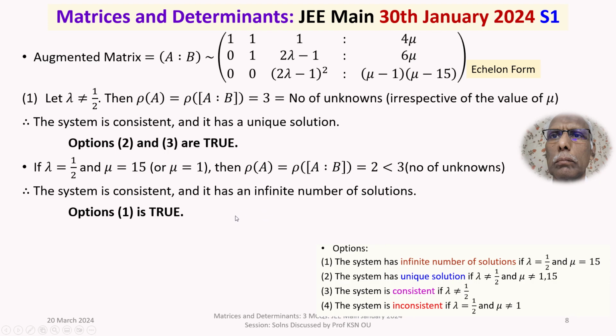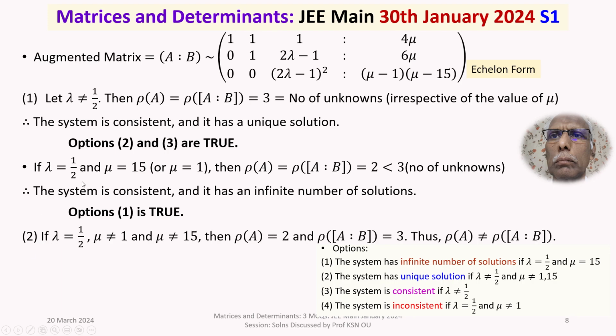Now let's move to the next option. That is the second case. If lambda is equal to 1 by 2, the rank of A is 2. Mu is not equal to 1 and mu is not equal to 15. That means this position is not 0, and this is 0.